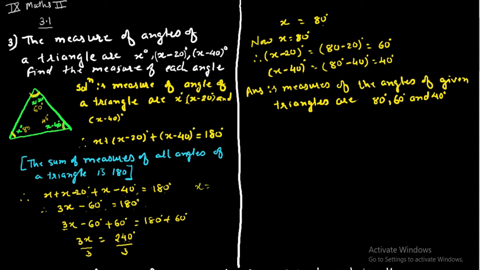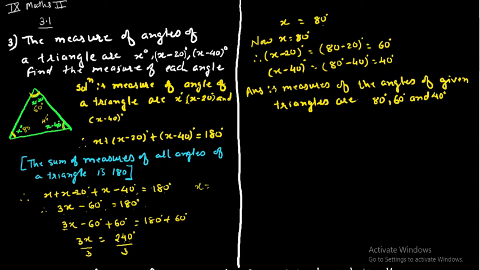As we see in the diagram, three angles are given but not their measures. But we know the property that the sum of the measures of all the angles of a triangle is 180 degree. So according to that, we will add all the angles.